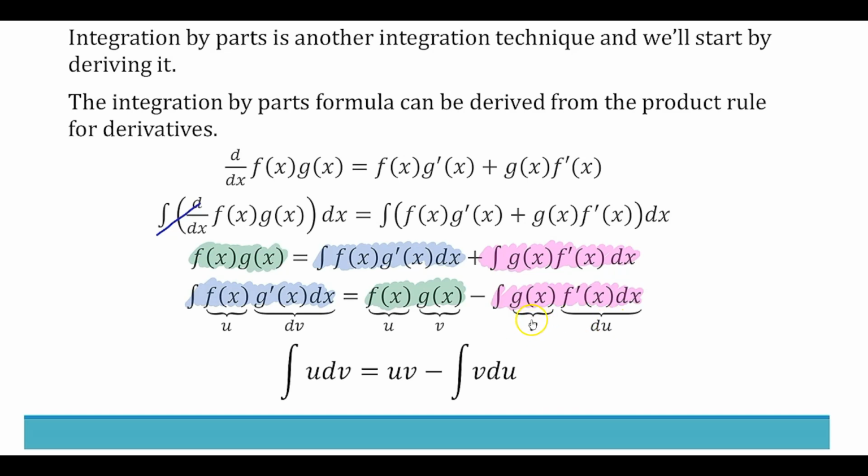So again, v was g of x, and then du is the derivative of u, which was f of x, so there's my f prime of x. So this is the formula that we use for integration by parts. The integral of u dv is equal to uv minus the integral of v du.